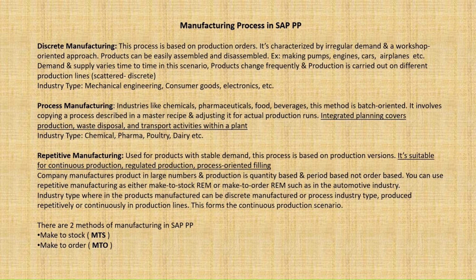In process manufacturing, the process is going on, and once one stage is completed and we move to the next process, we cannot go back to the previous stage. Like curd: once you convert milk into curd, you cannot go back to milk form.